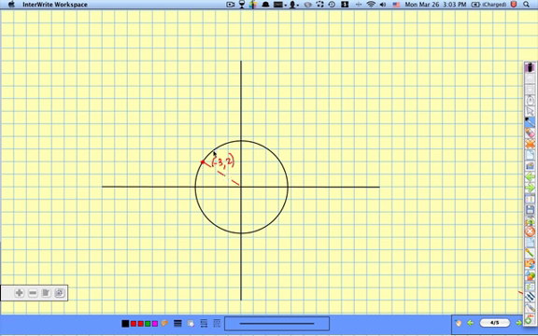So I know my tangent line has to be perpendicular to this. I'm just going to draw a line and see how close I get here. Okay, that's not perfect, but you understand the process here. So the first thing we should do, let's find the slope of this segment right here.